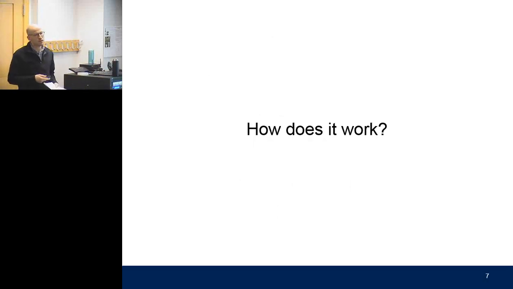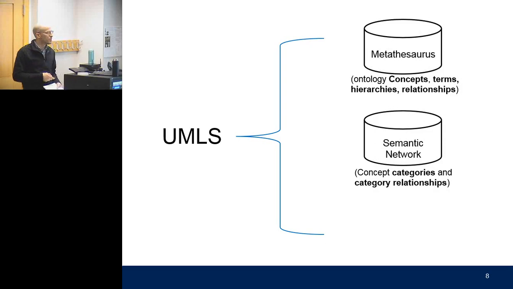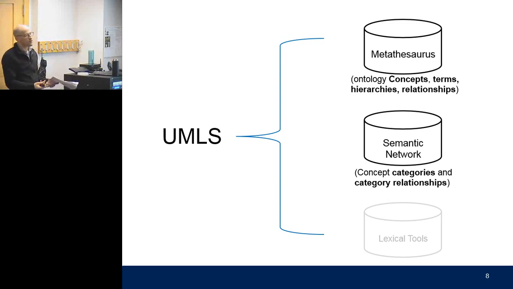So how is the UMLS set up so that it allows for this sort of connection to happen? The UMLS is really a conglomeration of three different sets of files. So it's not one thing. It's the Metathesaurus, which is where terms from hundreds of different controlled vocabularies are brought together.